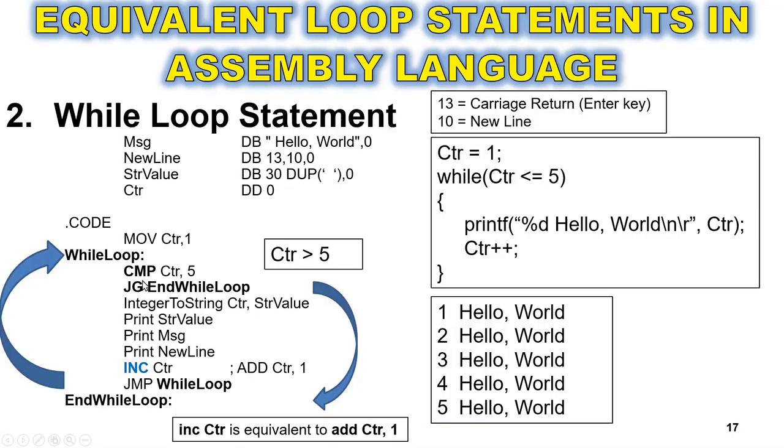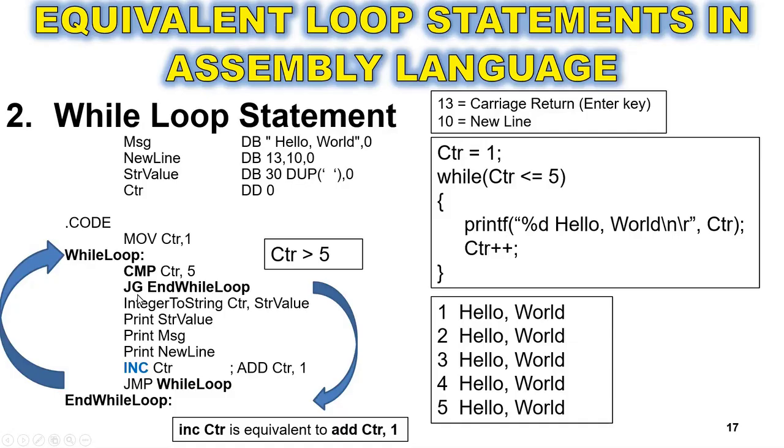We first compare the present value of that CTR with the value 5. And then followed by a conditional jump. I choose the conditional jump JG, that stands for jump if greater than.